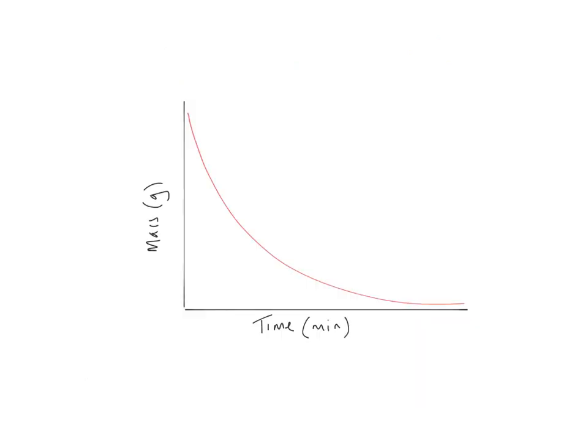If you're tracking the mass of the conical flask of the reactants and the products together over time and one was a gas, then we'd imagine the mass would decrease over time. Or if you were tracking the concentration of a reactant over time, then the reactant concentration is obviously going to decrease over time. However, you would do exactly the same thing.